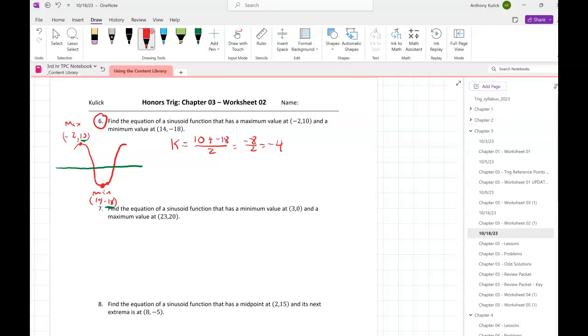If I count down 4 units from the top, I'm at 0. If I count up 10 units from the bottom, I'm at negative 8. Halfway between 0 and negative 8 is negative 4.